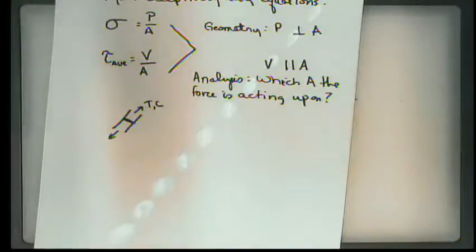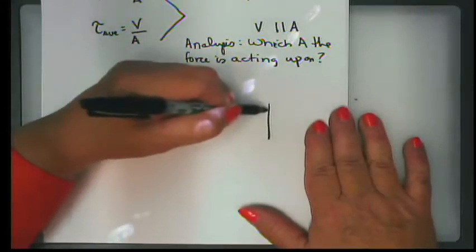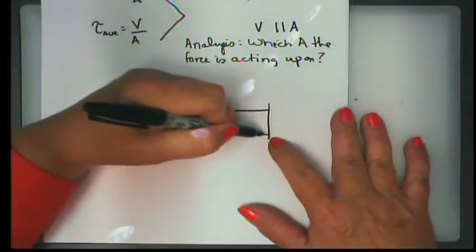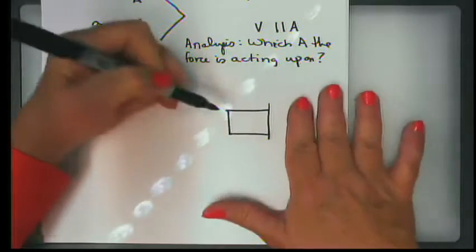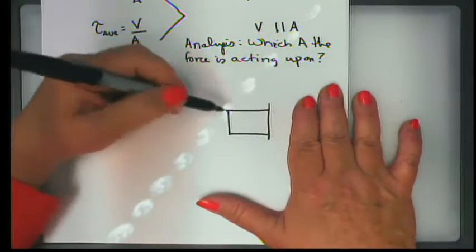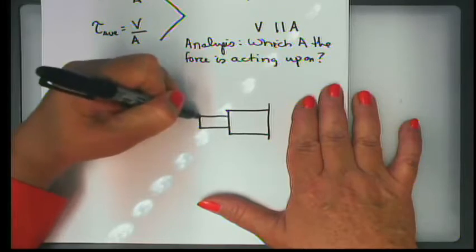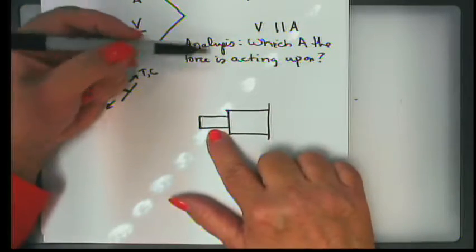Okay, so to redraw this bar, what I have is some sort of a wall or a restraint on the right-hand side, and I have a larger diameter cylinder that is welded to a smaller diameter cylinder.